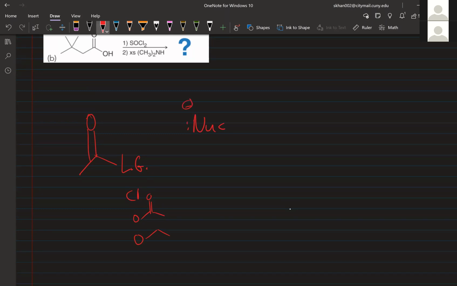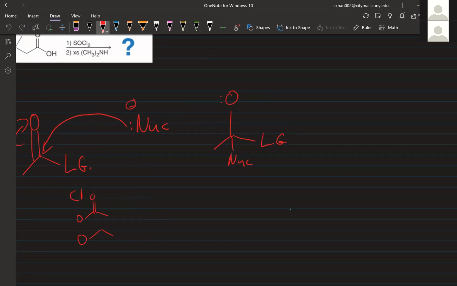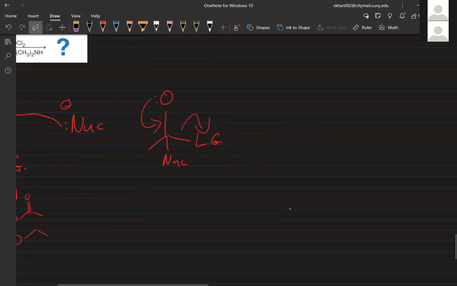Your nucleophile comes in, attacks, and pushes this up. And you reform your carbonyl, kicking off the leaving group. Then you have your carbonyl formed again with your nucleophile.